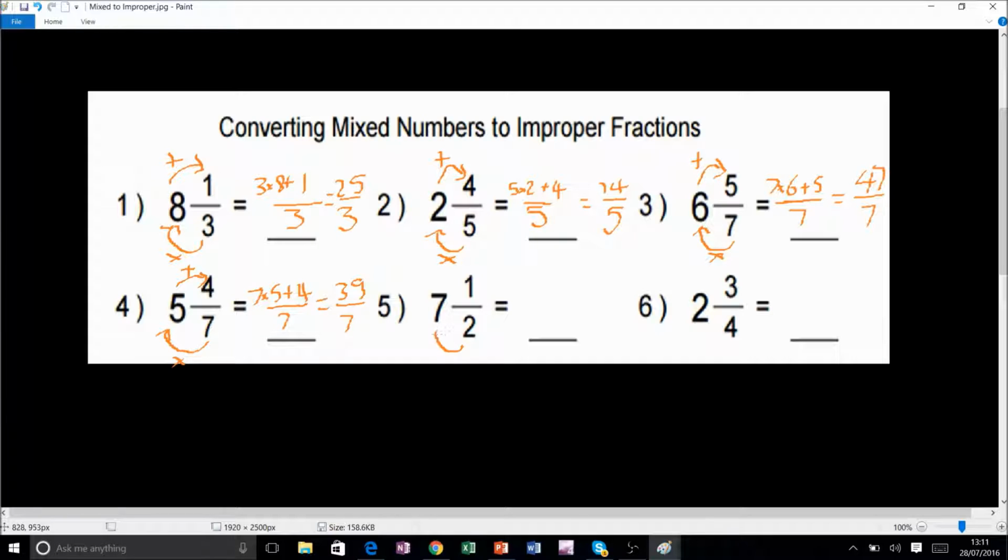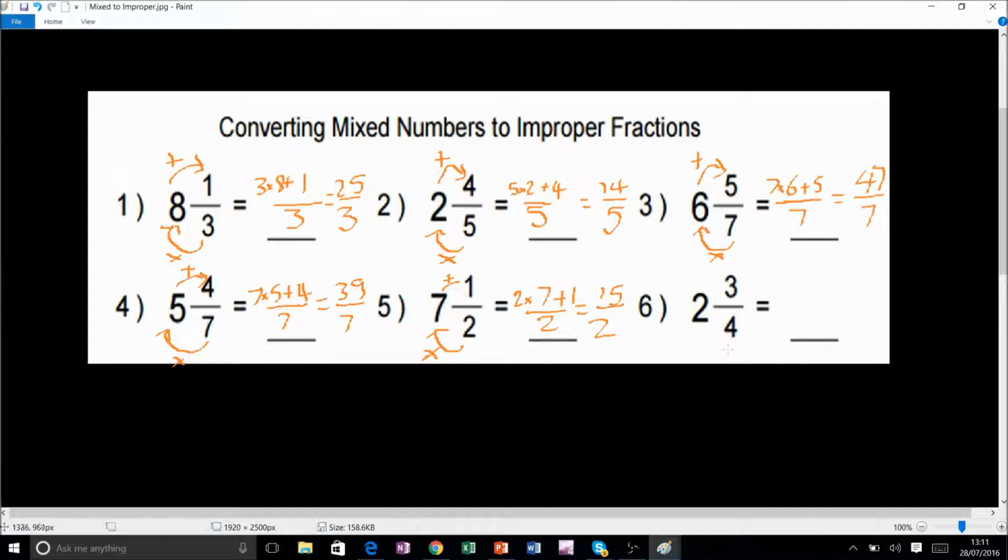Here we're going to have 2 times the 7, and then plus the 1. So 2 times 7 is 14, plus the 1 is going to give us 15. So 15 over 2. Lovely.